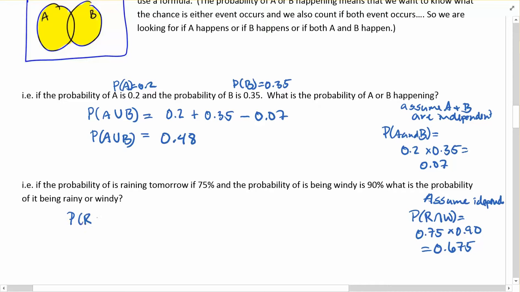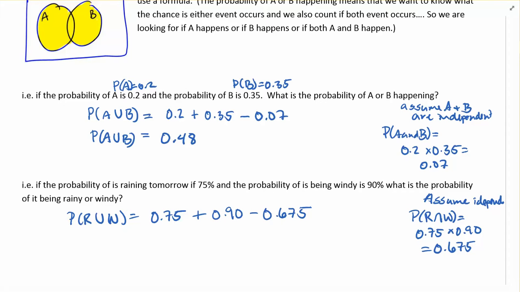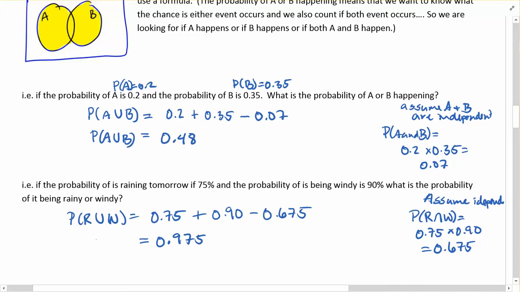The probability of rainy or windy is going to be equal to 0.75, the probability of it being rainy, plus 0.90, minus 0.675. And we get here the probability of 0.975.